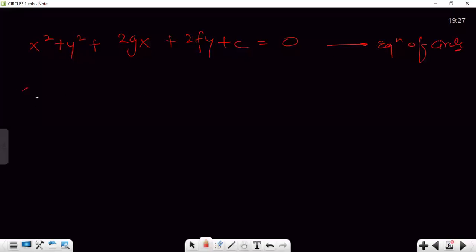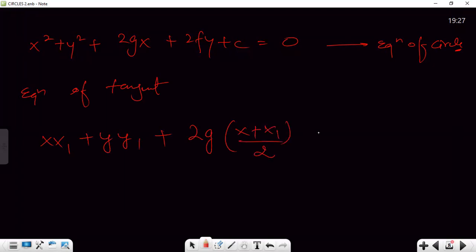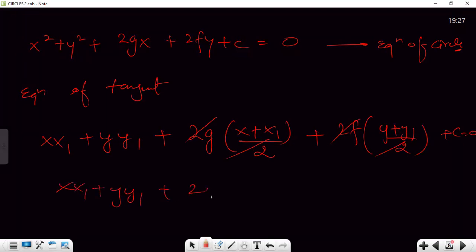Then the equation of tangent will be x x1 plus y y1 plus 2g times (x plus x1) divided by 2 plus 2f times (y plus y1) divided by 2 plus c. The 2 cancels 2, so it becomes x x1 plus y y1 plus g(x plus x1) plus f(y plus y1) plus c is equals to 0.